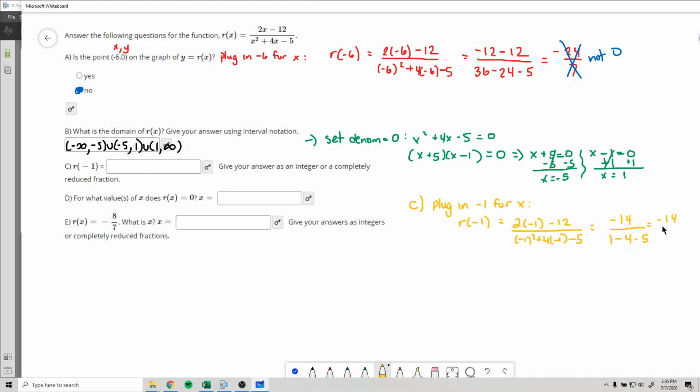We got negative 14 over negative 8. And we can simplify this. The negatives cancel out, and we can take a 2 out of each. We get 7 over 4. So r of negative 1 is 7 over 4.